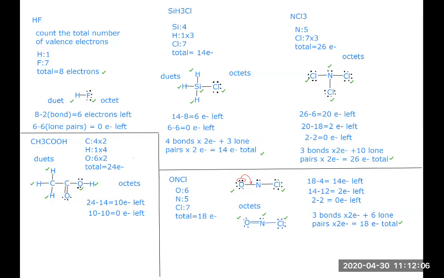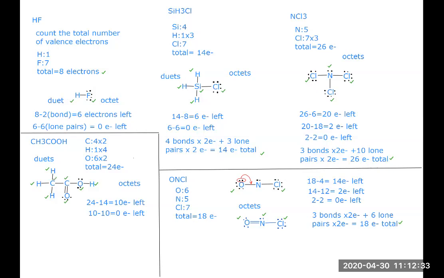So they each have an octet, okay? So let's count the total number of valence electrons that we have in the structure to verify that we have indeed 24 electrons, because we already checked that we have duets and octets for all other atoms. Oh, by the way, this one also is having an octet.